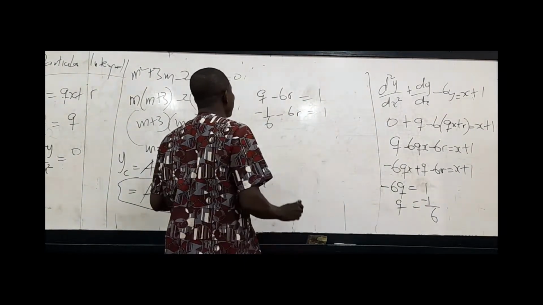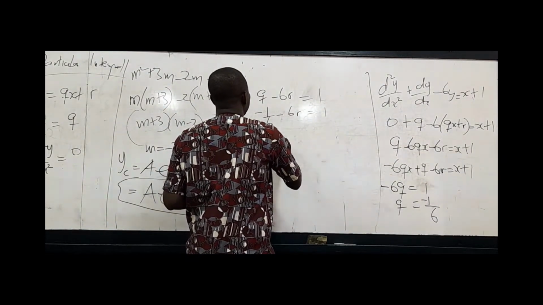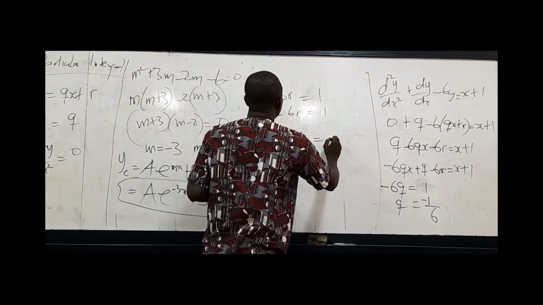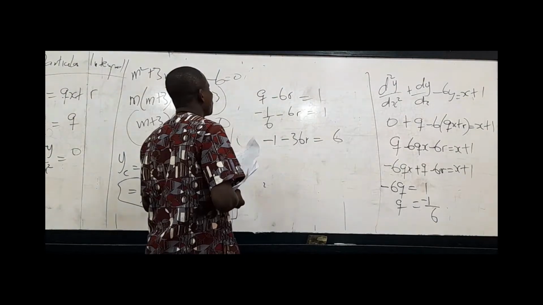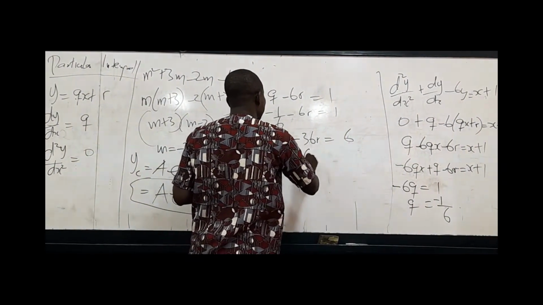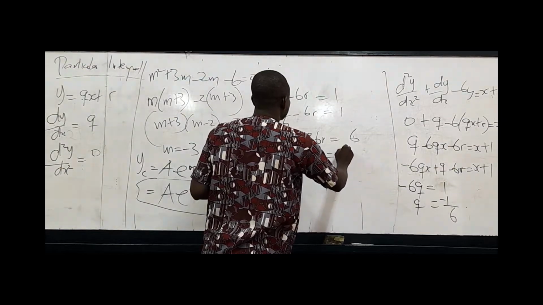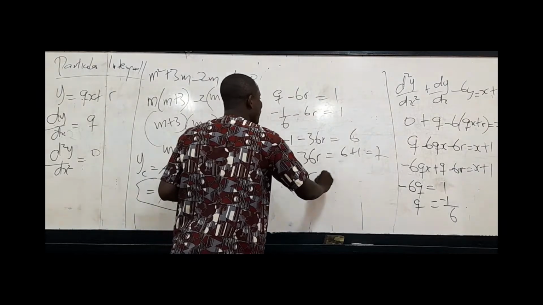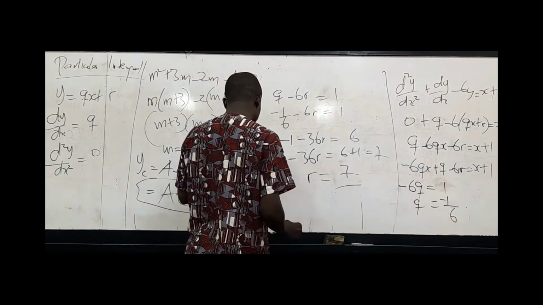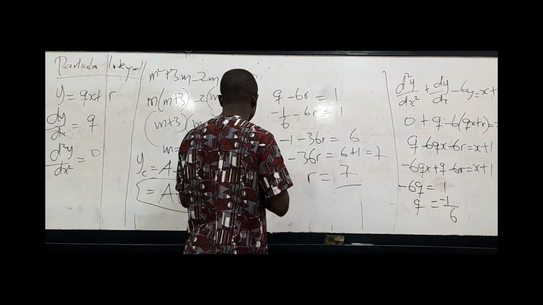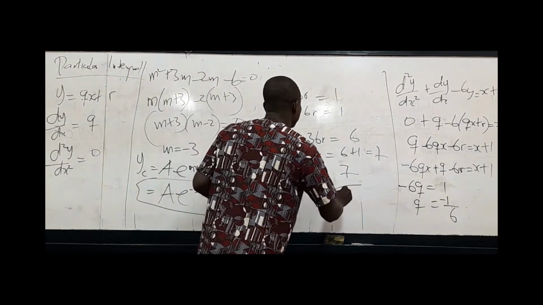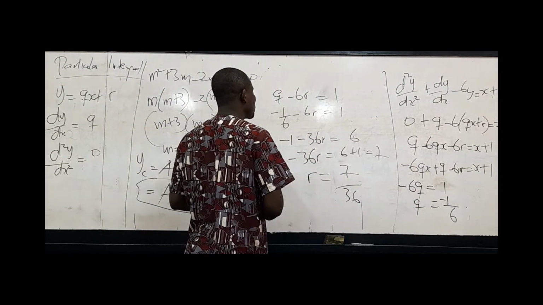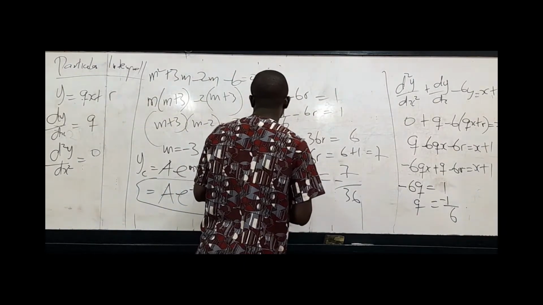If I multiply through by 6, the LCM, I get negative 1 minus 36r is equal to 6. So negative 36r is equal to 6 plus 1, that will be 7. Therefore, r is equal to 7 over 36, which is negative.